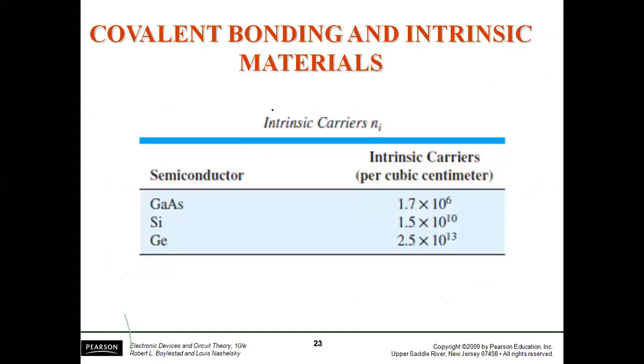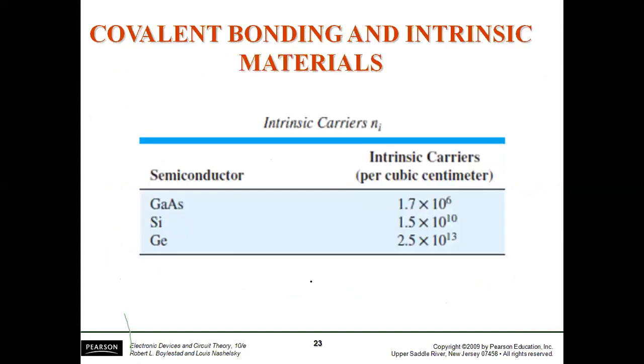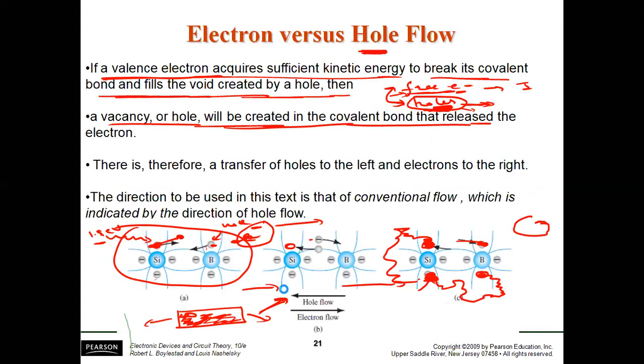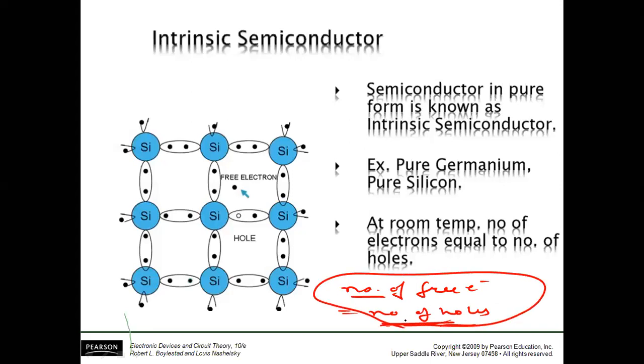This is already discussed. Now the statement about the number of free electrons makes sense. The number of free electrons will be equal to the number of holes. It is because electrons become free that holes are created, so obviously the number of free electrons will equal the number of holes.